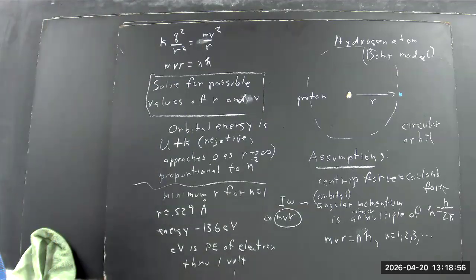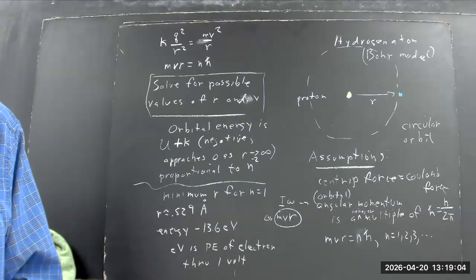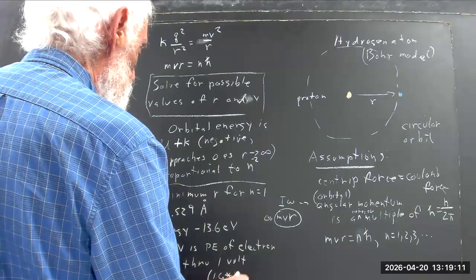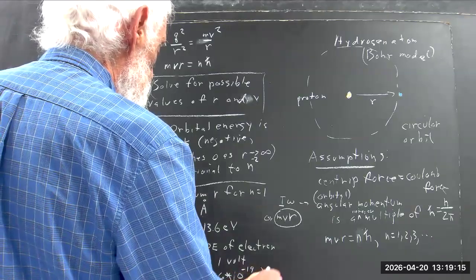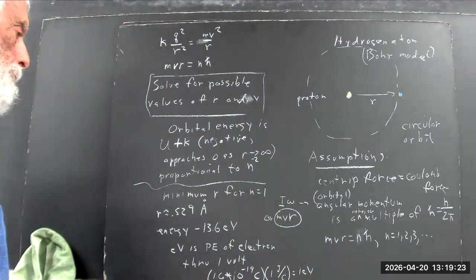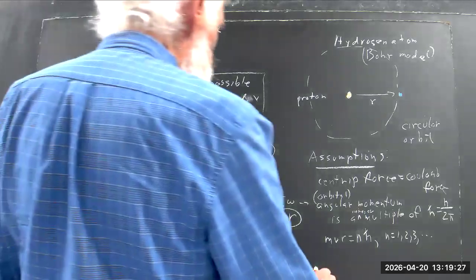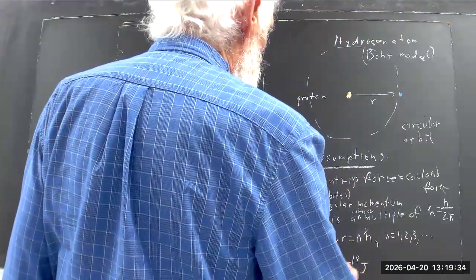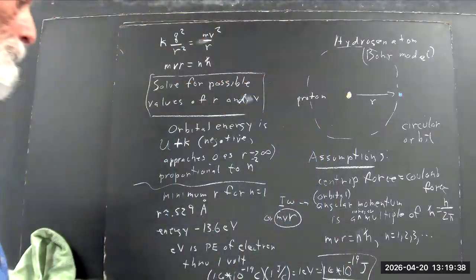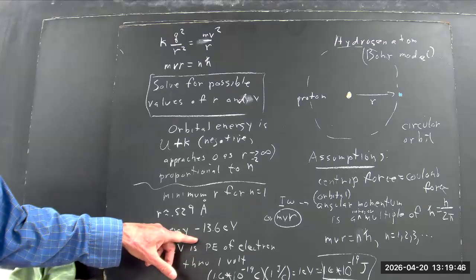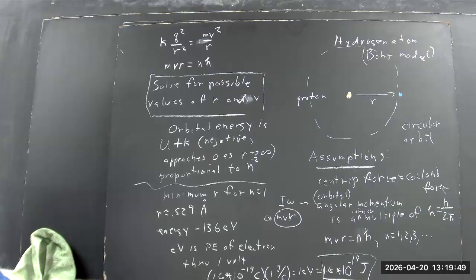An electron going through 1 volt is an electron volt of energy, and you can calculate that because you just multiply the volt, which is joules per coulomb, by the number of coulombs in an electron, right? That's 1 electron volt, which is therefore 1.6 times 10 to the negative 19th joules. Negative 13.6 electron volts is therefore going to be about 10 to the negative 18th joules.